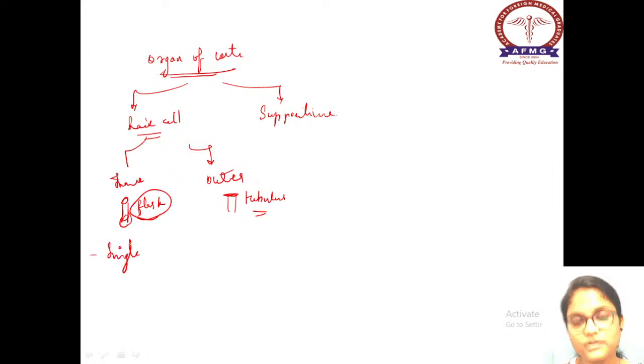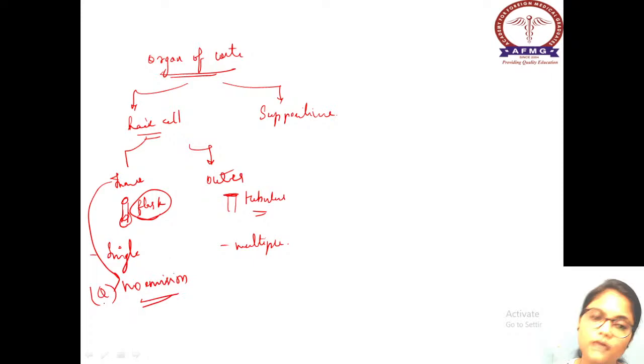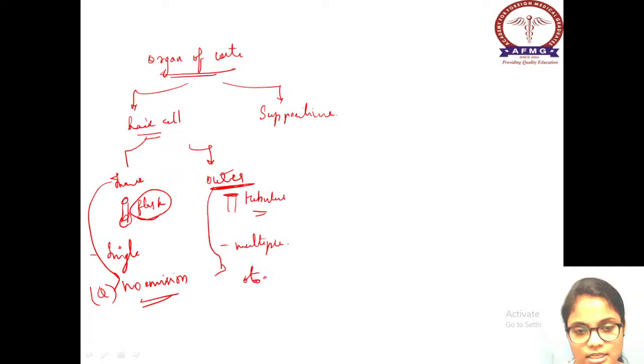The outer hair cells are tubular and arranged in multiple rows. The very important point, repeatedly asked, is that in the inner hair cells there is no emission, and in the outer hair cells there is otoacoustic emission. Very, very important.